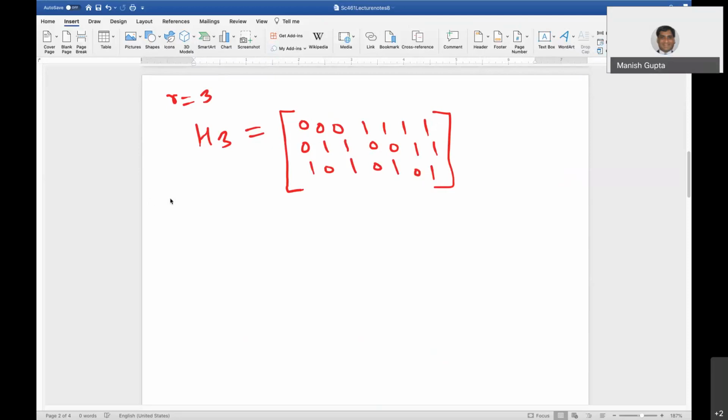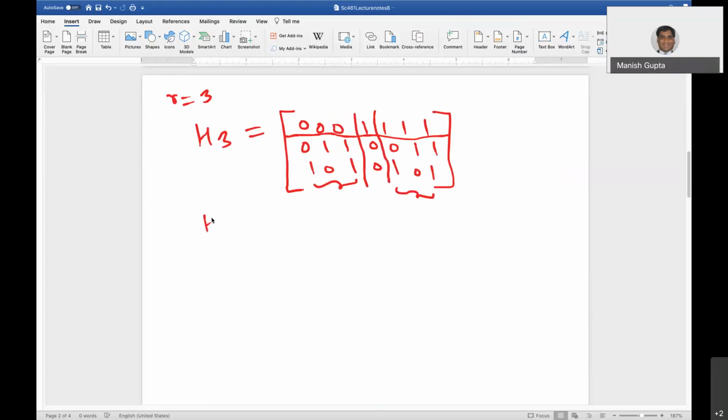In fact, you can observe another thing, that if I draw this line here and this line here, then this part is 0 1 1 0 1 1, our previous H2, written in a little different order. Actually, we can fix that order.